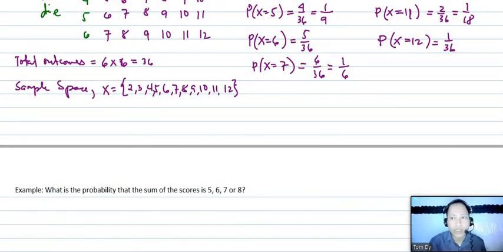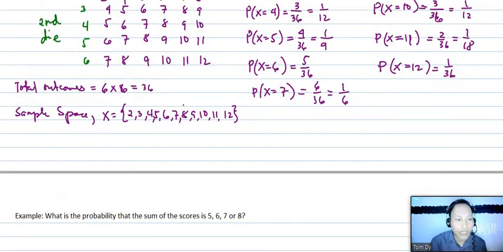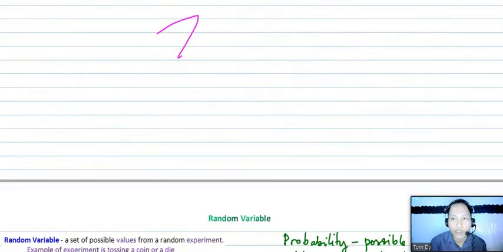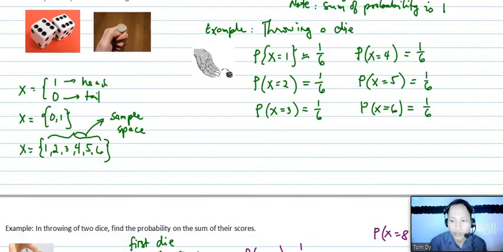Now, what is the probability that the sum of the scores is 5, 6, 7, or 8? So we have to find the probability of the sum being 5, 6, 7, or 8.